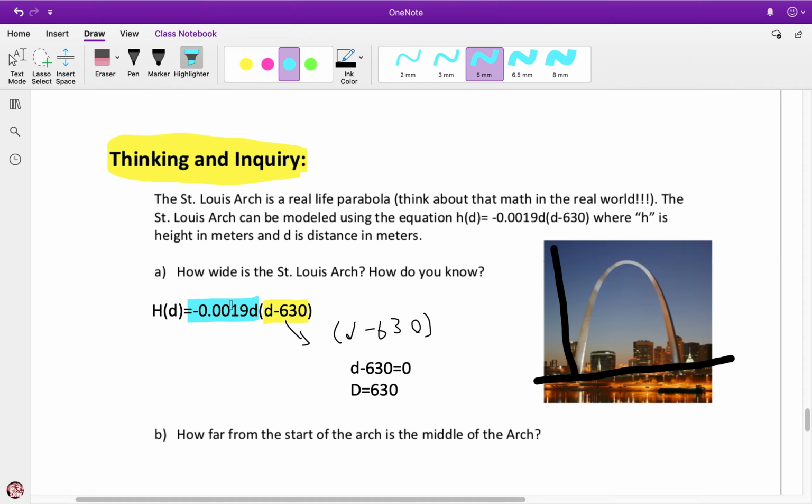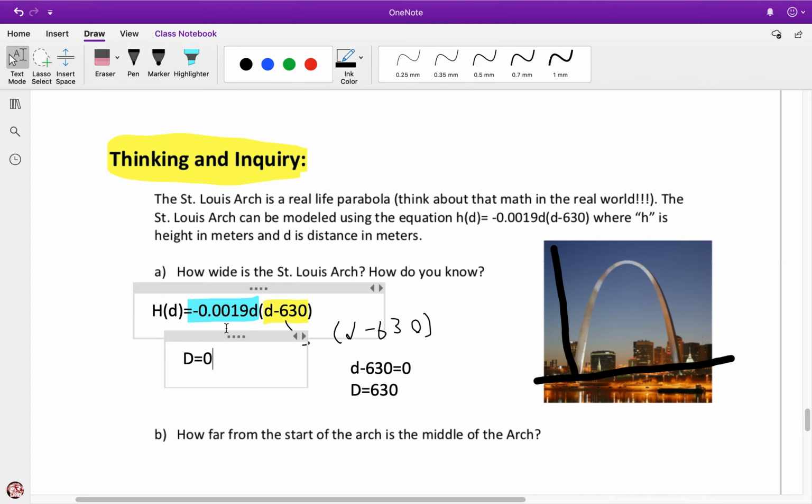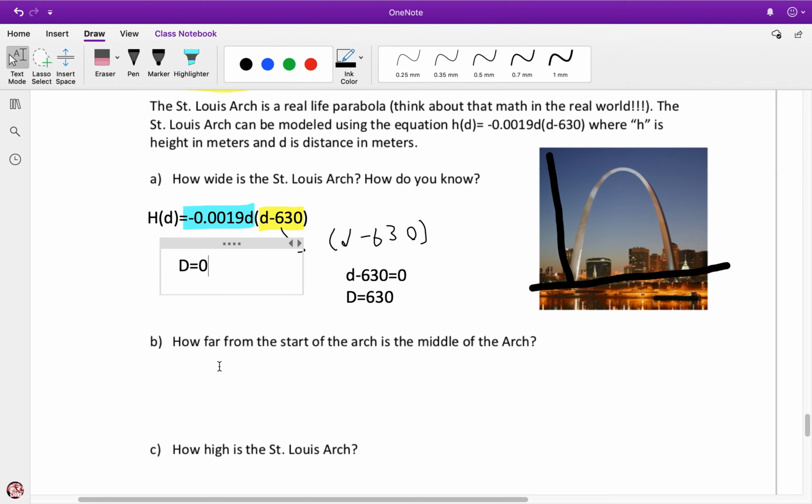What times this negative number equals 0? Well, 0 times any number equals 0. So if we plugged in 0, 0 times negative 0.0019 is going to equal 0. So D equals 0.